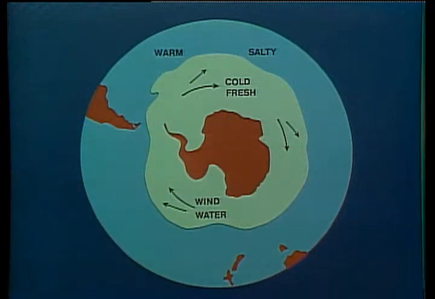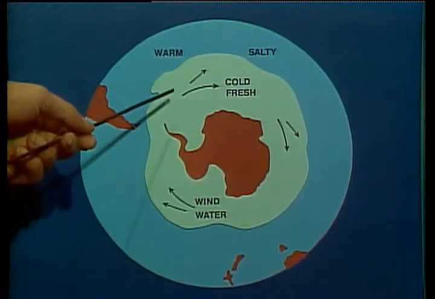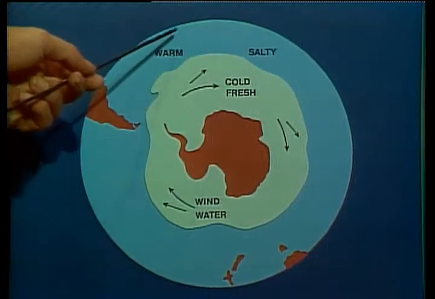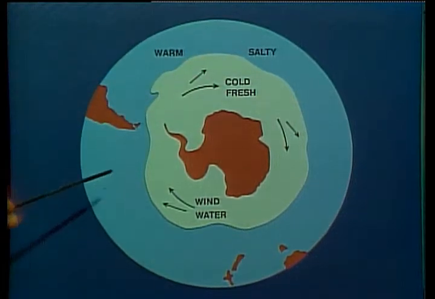Now, because we are close to Antarctica, and there's a lot of ice melting in Antarctica, the surface waters tend to be rather fresh, a little less salty than the rest of the ocean. And they move north under the influence of the wind until they meet the warm, salty water of the major gyres of the ocean.